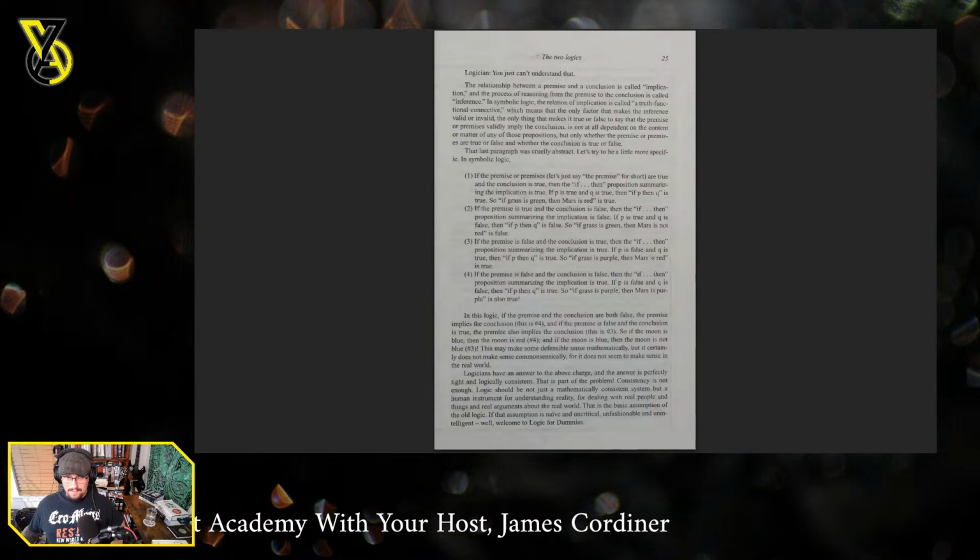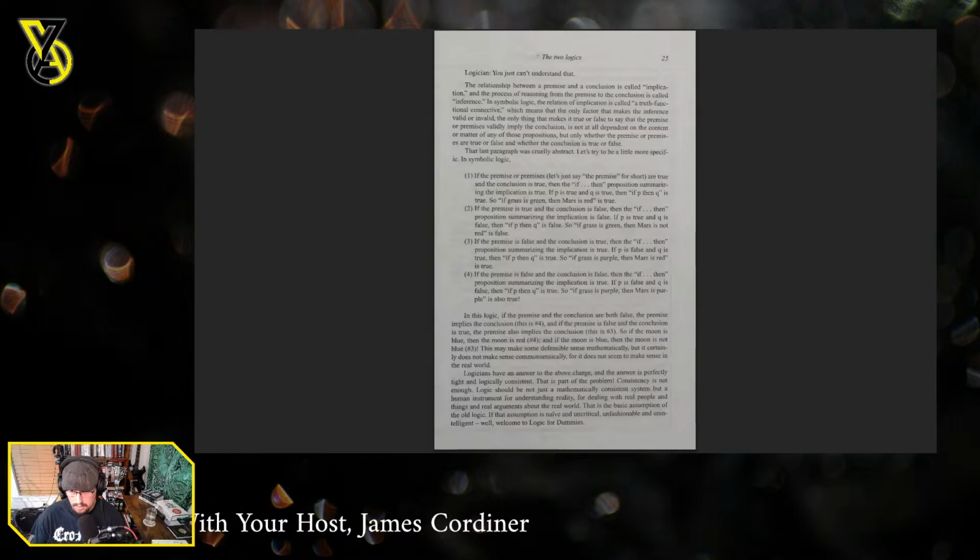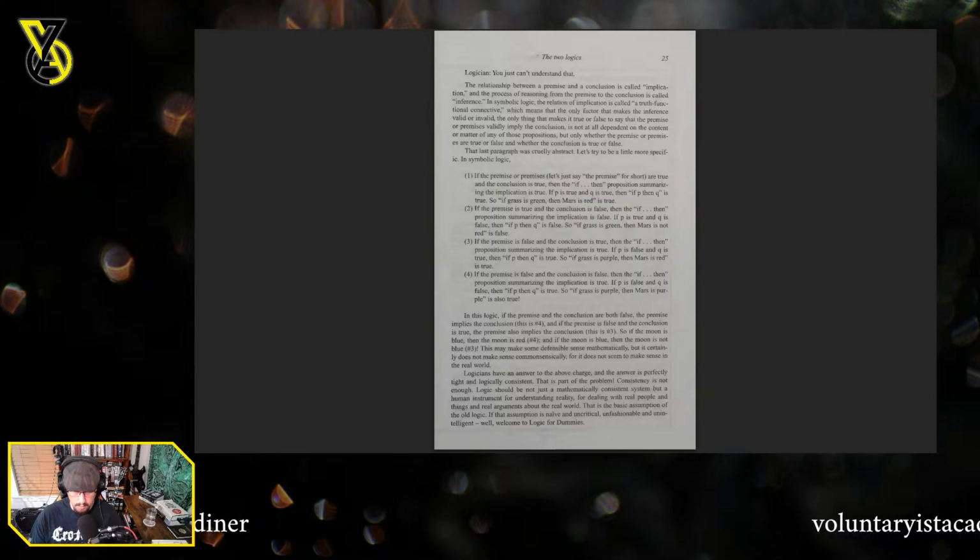All right. So in this logic, if the premise and the conclusion are both false, the premise implies the conclusion. Okay, so this would have been number 4. And if the premise is false and the conclusion is true, then the premise also implies the conclusion.